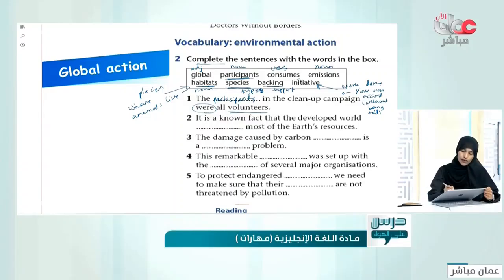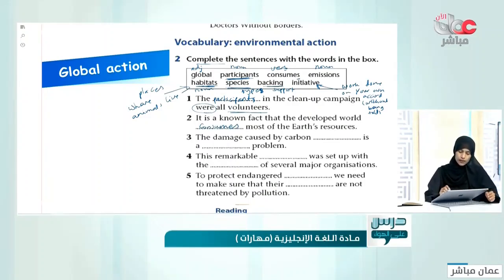Number 2 says, it is a known fact that the developed world blank most of the Earth's resources. You'll see that it is a known fact that the developed world. Where is the verb? There is no verb, so I need a verb here. The only verb among all those words is consumes, so the answer is going to be consumes.